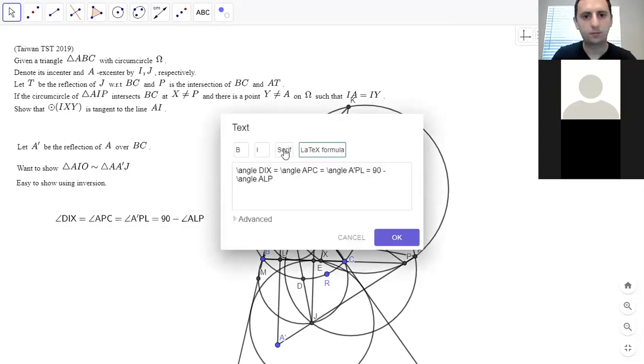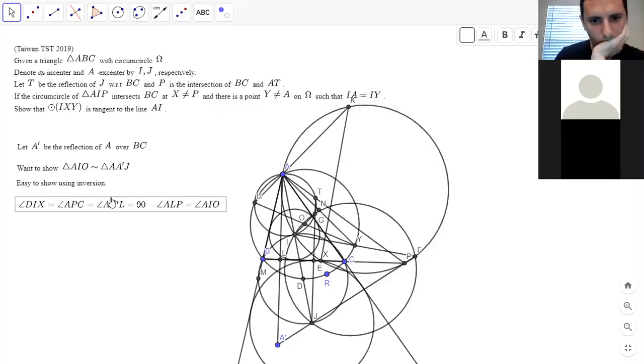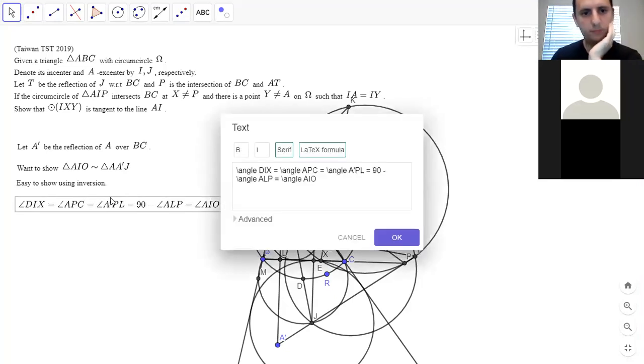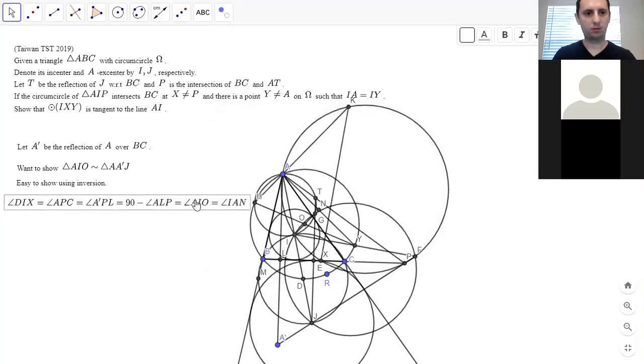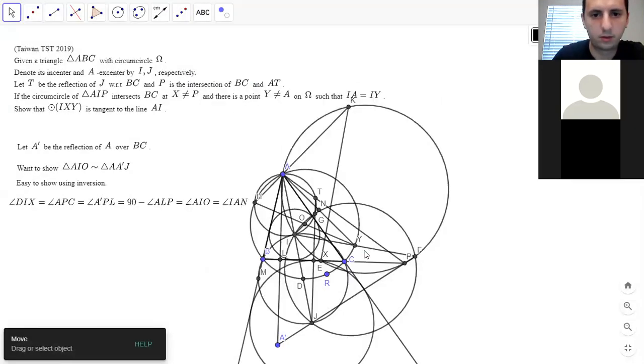Then it equals AIO, which is the same as IAN, right? Yeah. Angle DIX is angle APC, which is... now ARMO tells XI equals XY. Oops, sorry. And we are done.